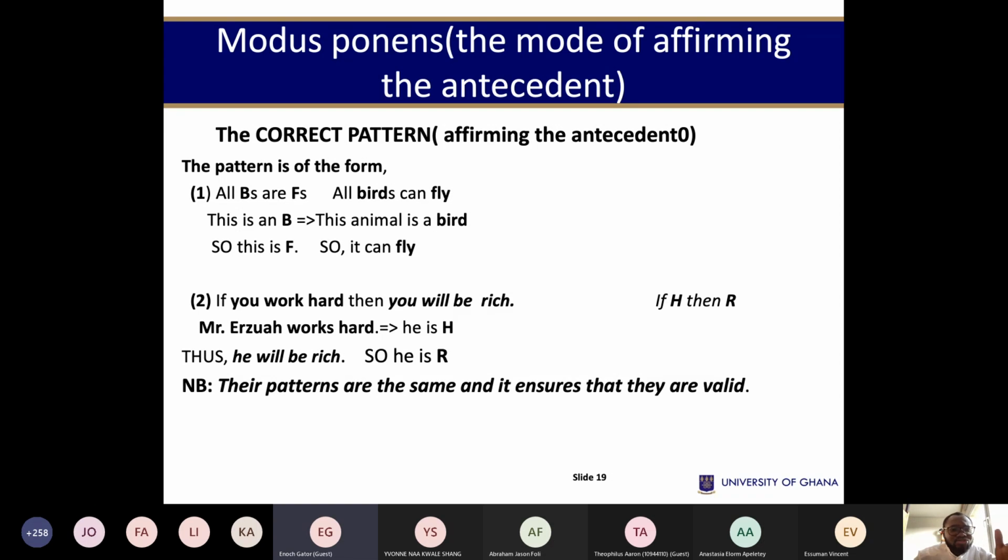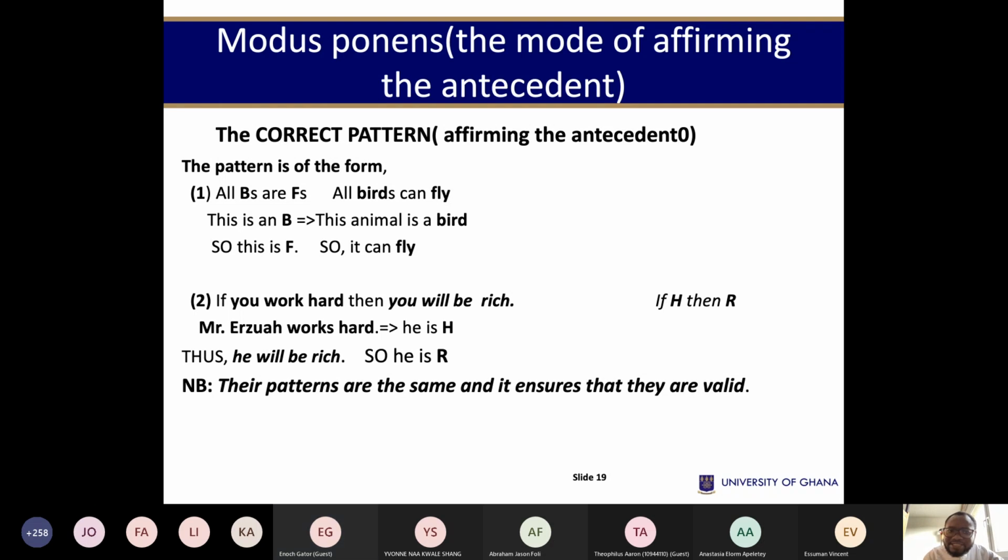We are just looking at the structure of the argument to see that it is valid. So from what we have here, the first premise, if we assume that all birds can fly, and Kweku is a bird, it means that Kweku can also what? Fly. That is what we are interested in. And it is a valid argument.